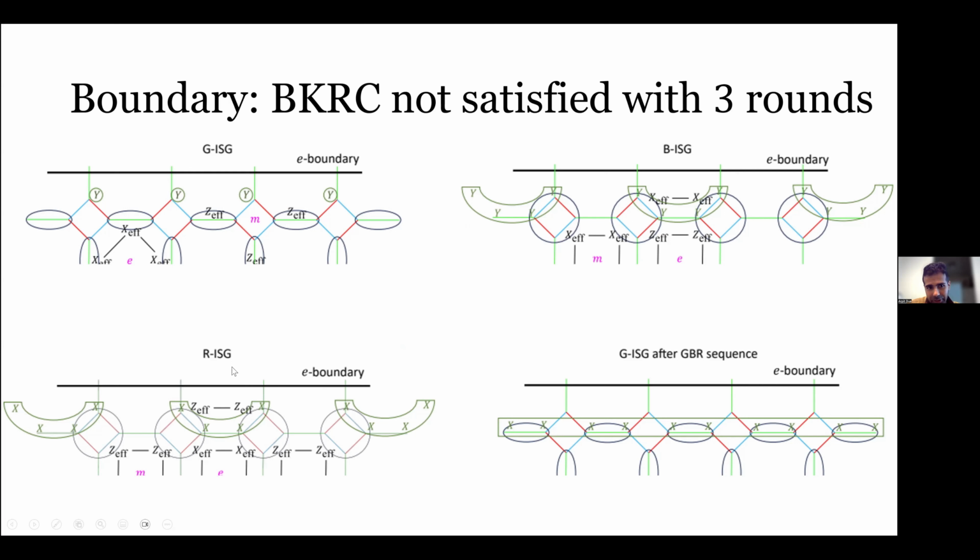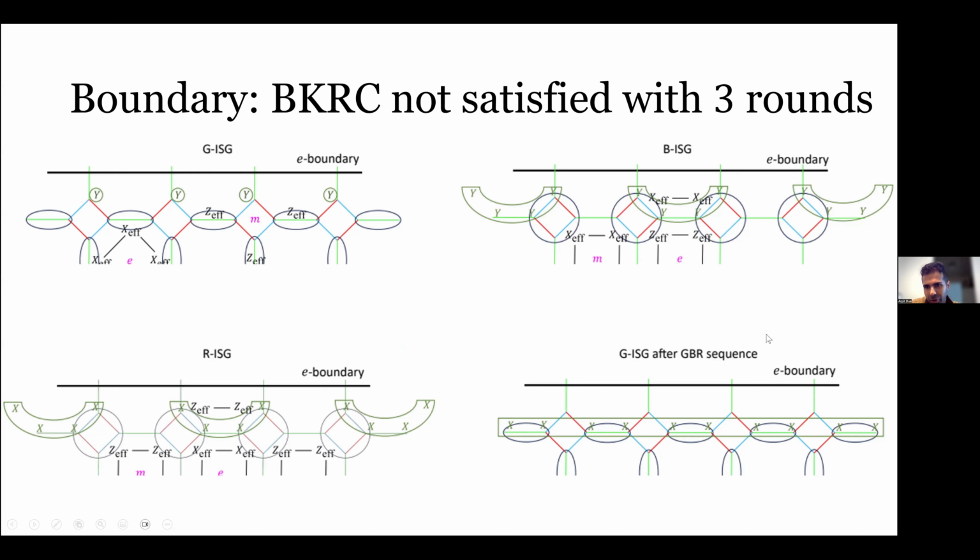And then you go to the red round where you measure the red bonds. These are the new stabilizers that are at the boundary. They are made of X's. And when you finally come back to the green round, these stabilizers join together to form a non-local stabilizer. And that actually leads to measurement of the logical.